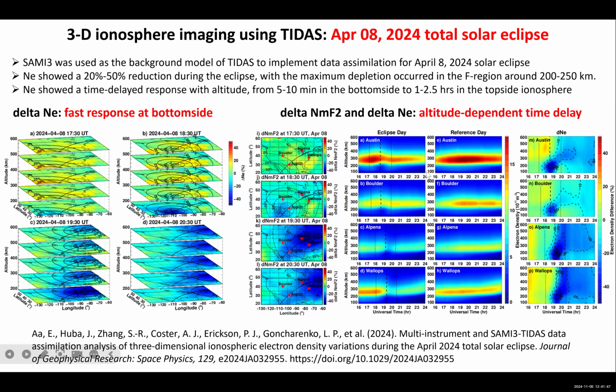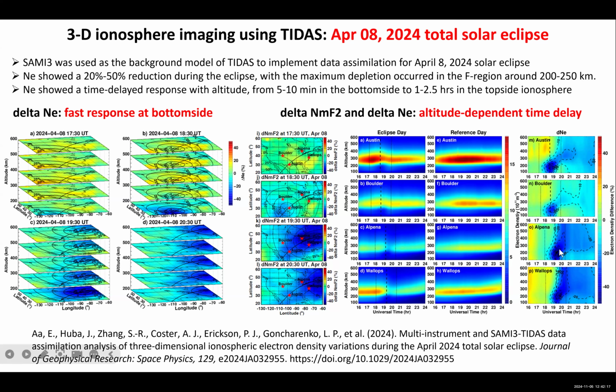And if we do the subtraction, we can see the delta electron density variation, in which we can clearly see this altitude-dependent time delay. The bottom side ionosphere reacts pretty fast. There's only a 5 to 10 minute delay in the bottom side, while in the top side ionosphere, the time delay is pretty long, even reaching 1 to 2.5 hours after the maximum obscuration.